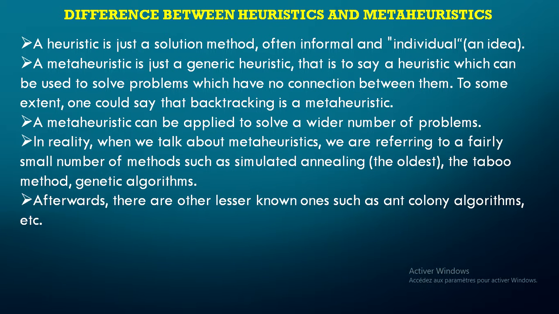So what is the difference between heuristic and meta-heuristic? A heuristic is just a solution method, often informal and individual. It is an idea for a specific problem which is analyzed. A meta-heuristic is just a generic heuristic, that is to say, a heuristic which can be used to solve problems which have no connection between them. To some extent, one could say that backtracking is a meta-heuristic.